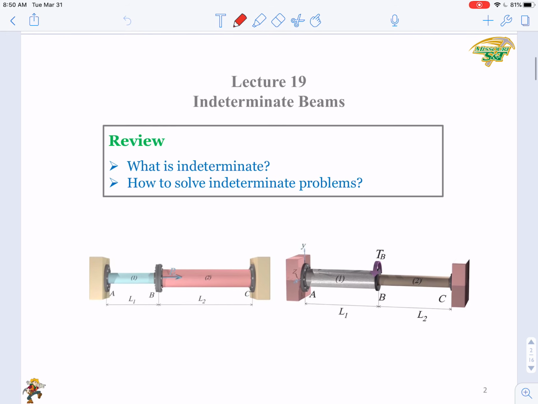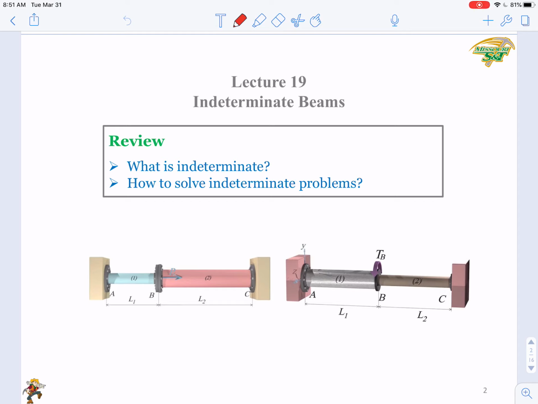So first of all, let's review the basic principles of indeterminate problems. What is indeterminate? So now I need you guys to recall your memory. What is indeterminate? In a system, if we can solve the internal forces and reaction forces just using a free body diagram and equilibrium equations, then that is determinate.